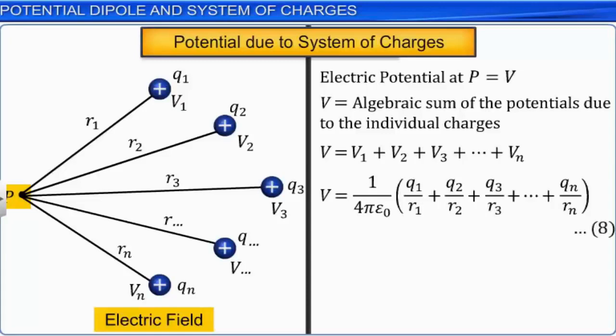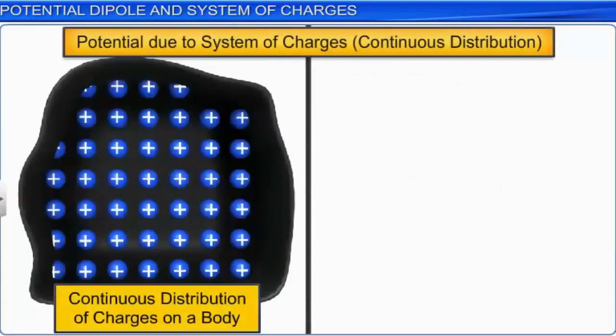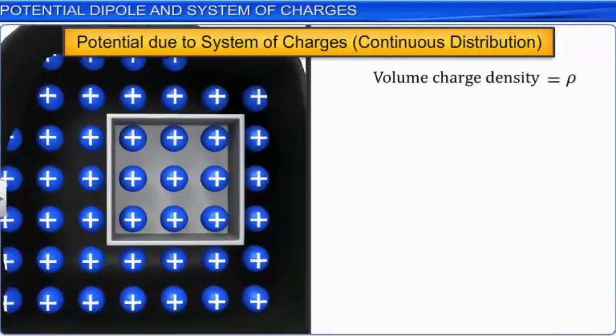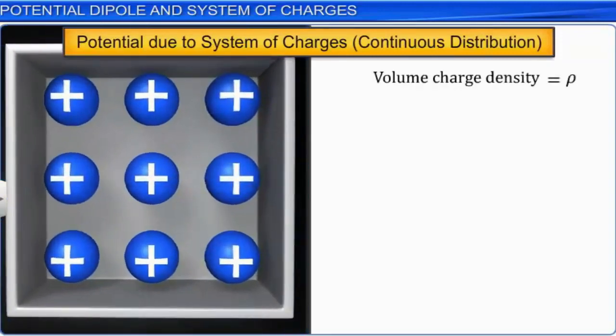To obtain the potential due to a continuous charge distribution, we first divide it into a number of small volume elements of charge density ρ, such that the small volume elements have a volume dV each and a charge ρdV each.